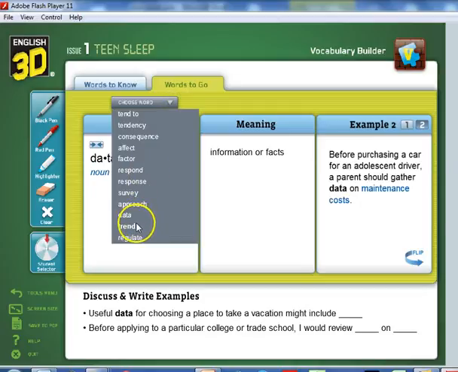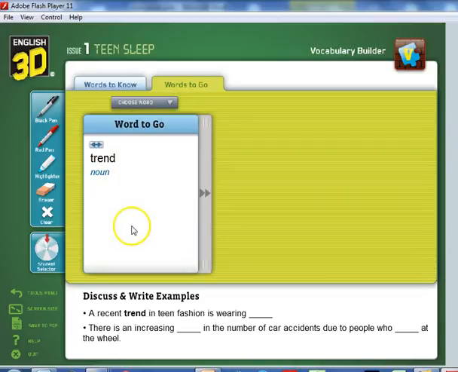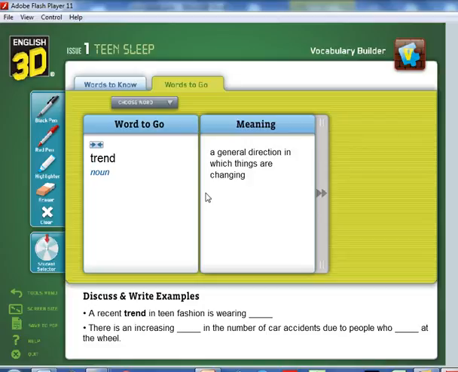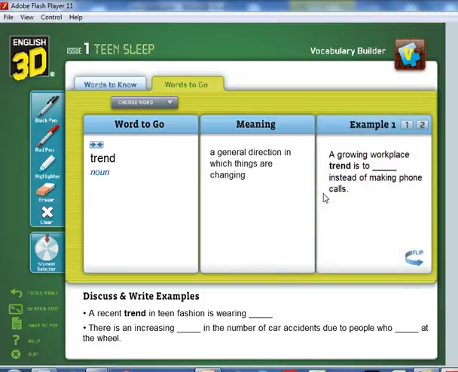Okay, and let's look at trend. Trend is a noun. A trend is a general direction in which things are changing. A growing workplace trend is to text or send email instead of making phone calls.